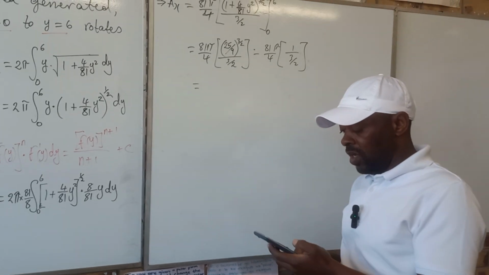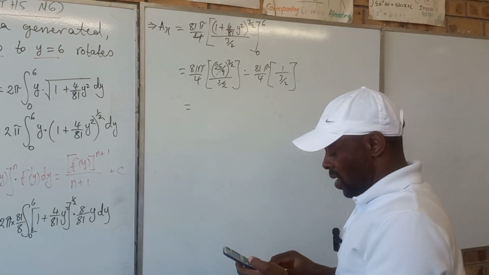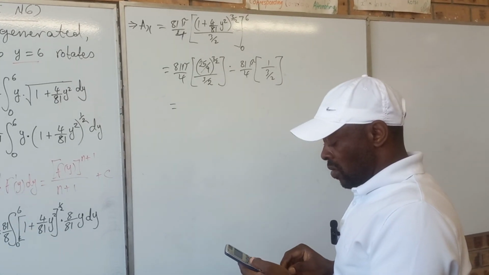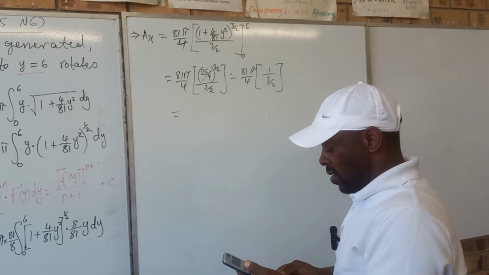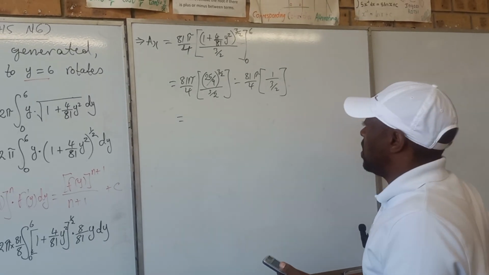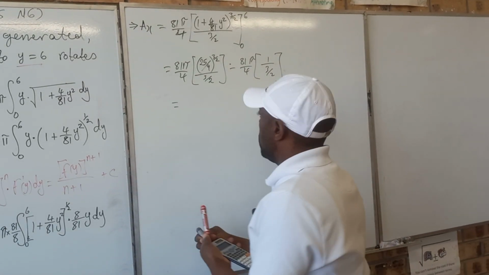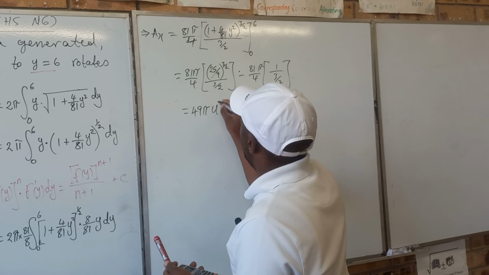So that gives me 196 over 81. Then I multiply by 81 on 4 pi. If I multiply by that, I get 49 pi as my answer. So my answer to this problem is a simple 49 pi unit square.